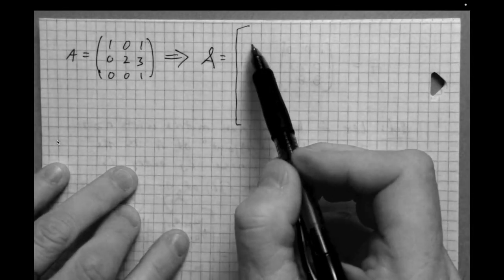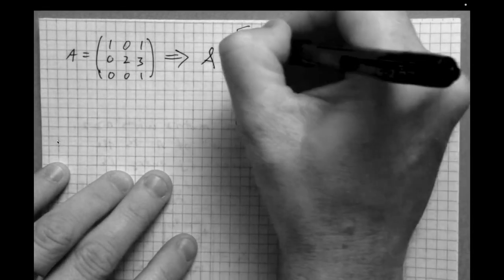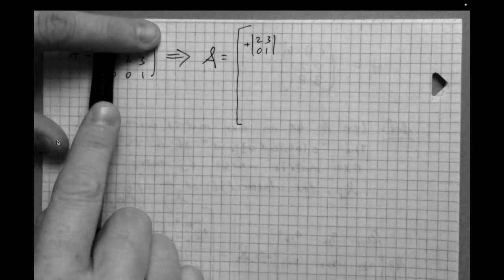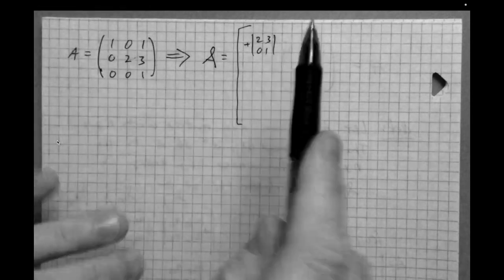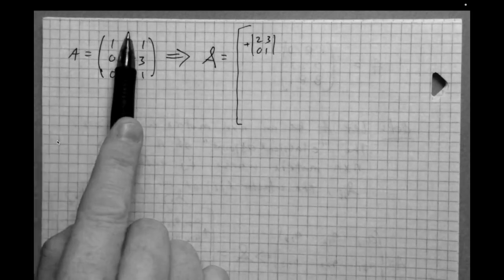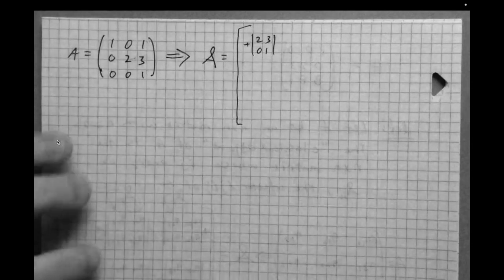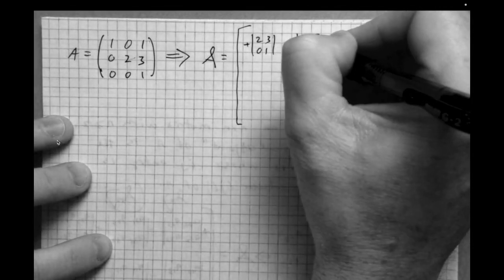So the first entry will be 2, 3, 0, 1. Positive, right? The determinant of the submatrix you get when you block out the first row, first column: 2, 3, 0, 1. The second entry is going to be the submatrix you get when you block out the first row, the second column, right? So that's going to be 0, 3, 0, 1.